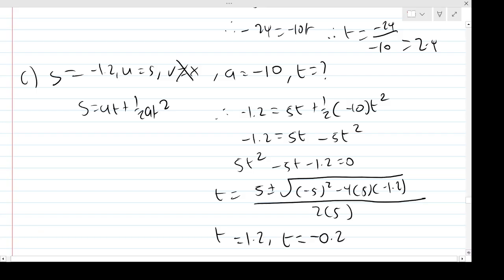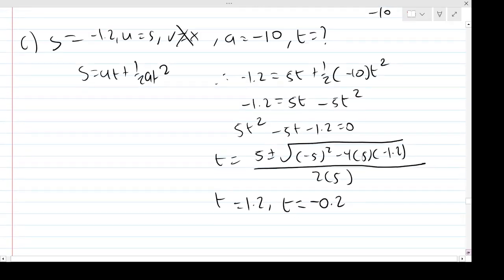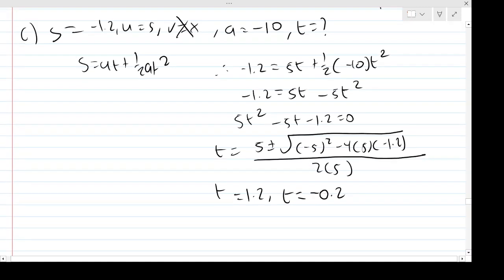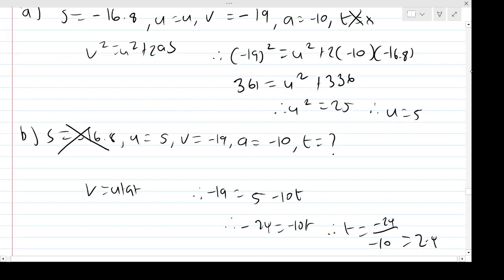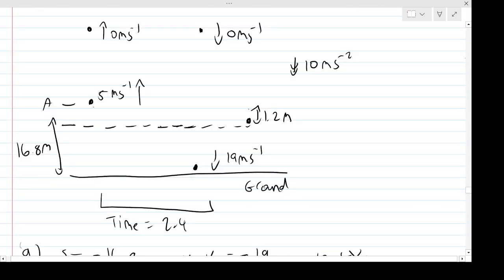Well, that's fairly straightforward. We can't have negative time, so t is positive, hence we can only take the positive solution of 1.2 seconds. Okay, and that is my answer. So it comes down 1.2 meters below A at time 1.2 seconds. Right, so there we are.